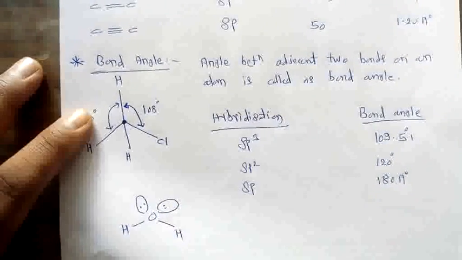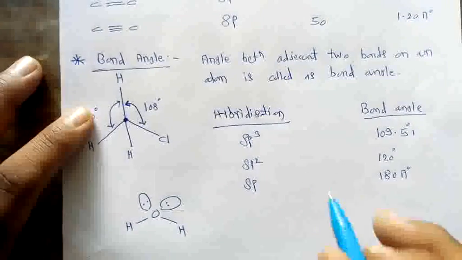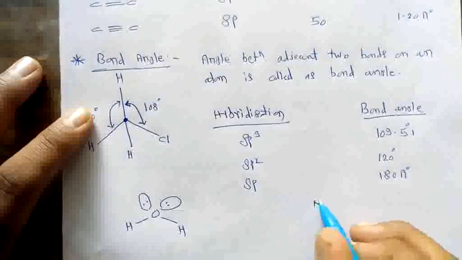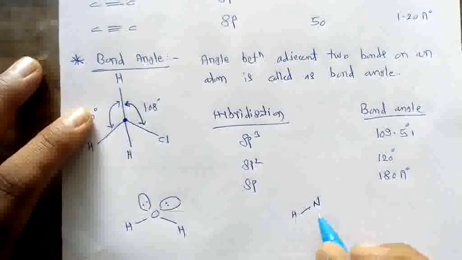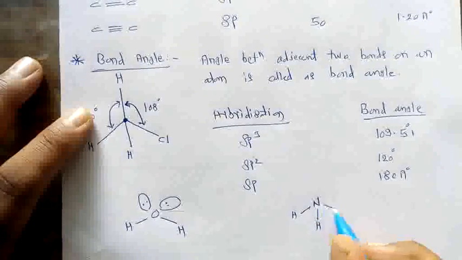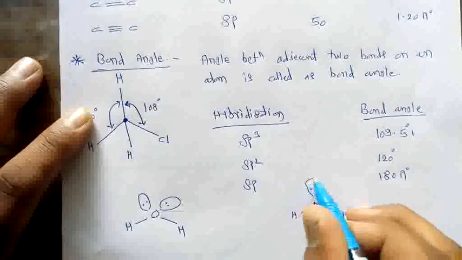So two non-bonding electron pairs are present on this oxygen atom. The second example we consider is ammonia. In ammonia, three sigma bonds are present between nitrogen and hydrogen, and one non-bonding electron pair is present on this nitrogen.